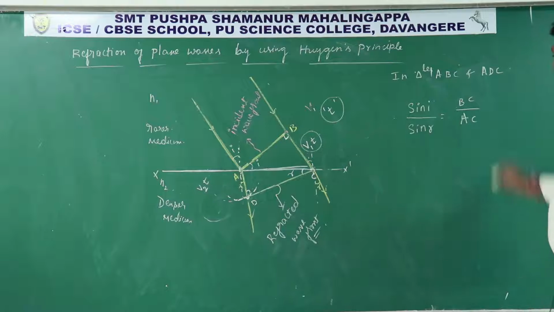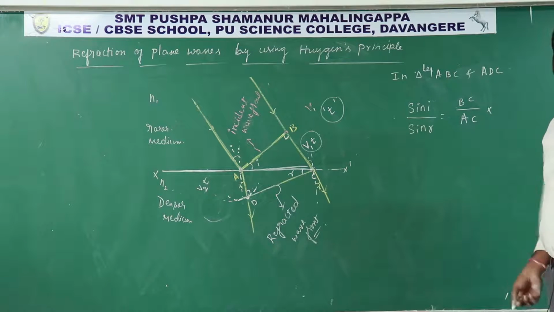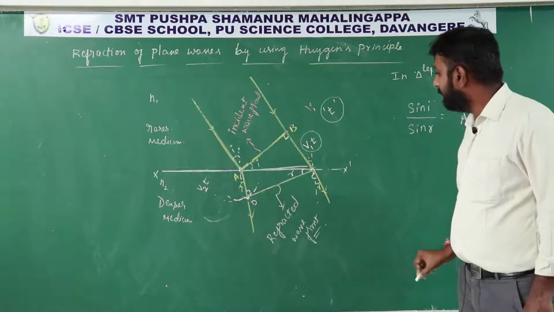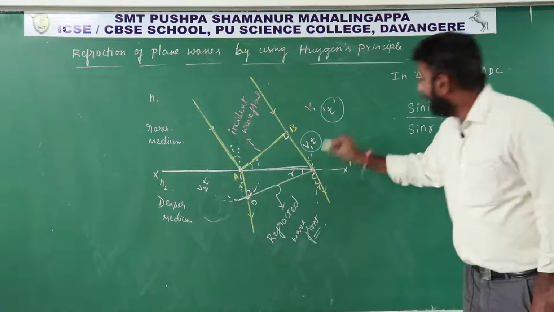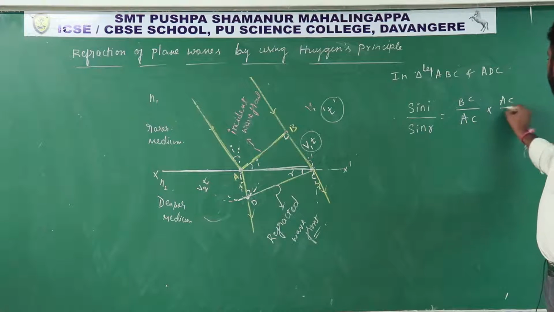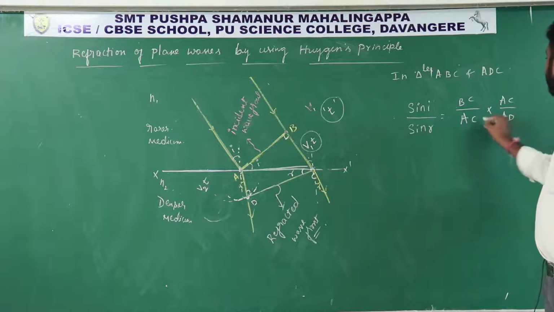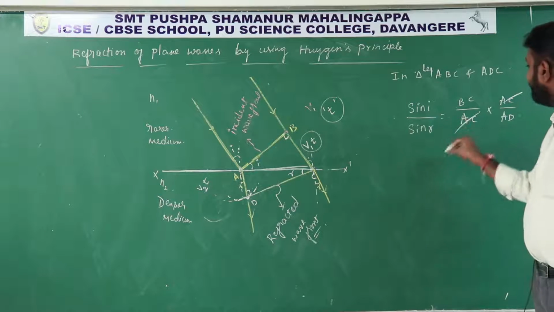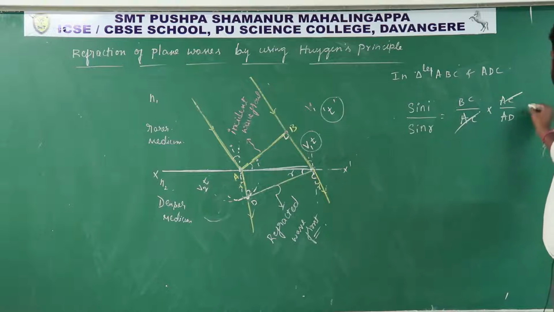And similarly sin R, for this angle R, in triangle ADC, sin R is equal to opposite AD by hypotenuse AC. Here AC and AC will cancel. You will get sin I by sin R is equal to BC by AD.